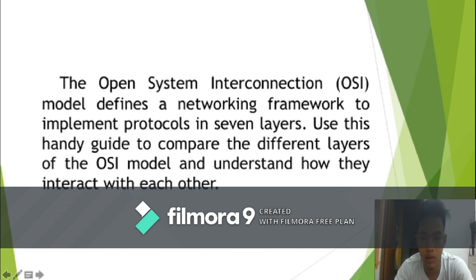In the OSI model, control is passed from one layer to the next, starting at the application layer, which is layer 7.